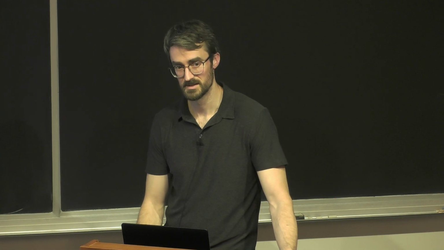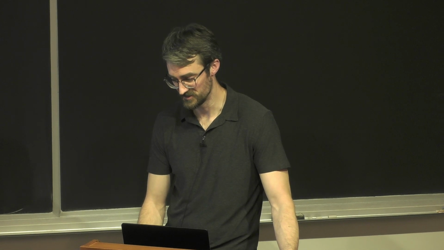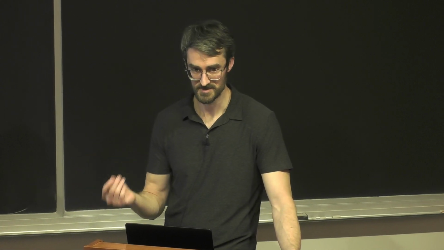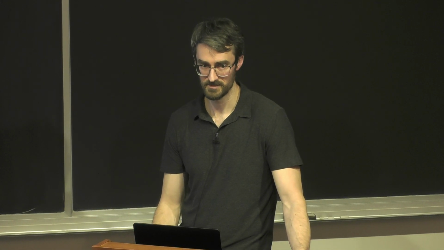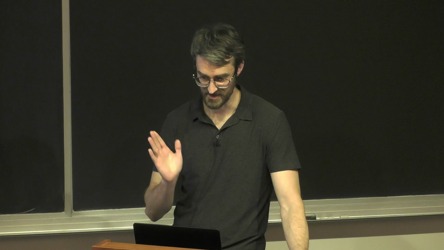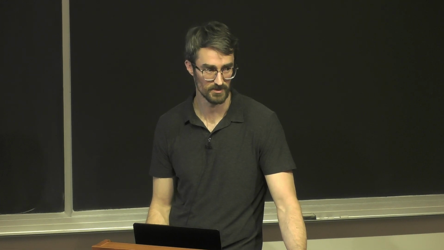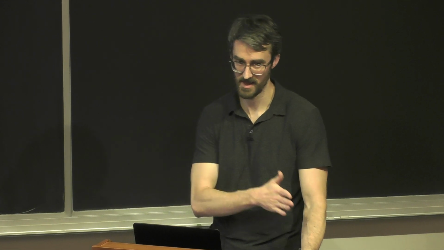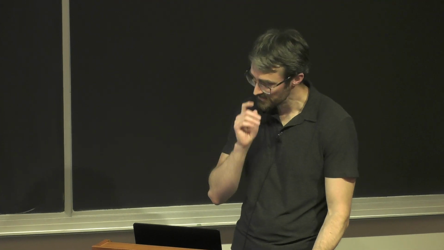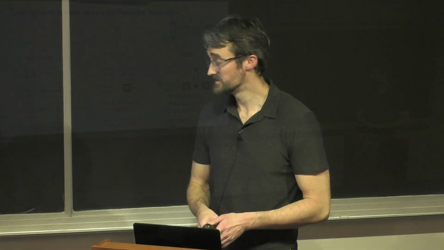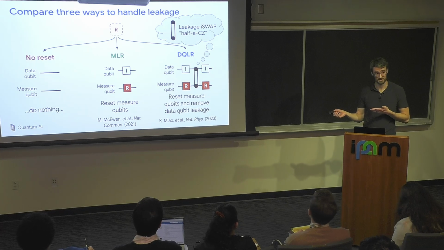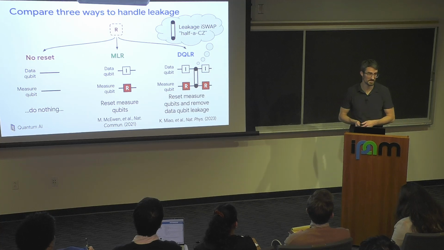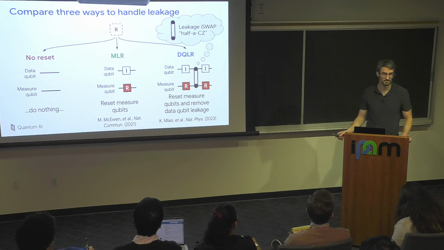And as you said, if the data moves but the leakage doesn't, then if you do MLR on just half the qubits, by alternating you will remove leakage everywhere every other cycle. Half on one cycle, half on the next. We had a recent paper that showed that. It got very similar performance, so we got another lambda of 2 or so without the DQLR. It's an alternative that we're exploring.